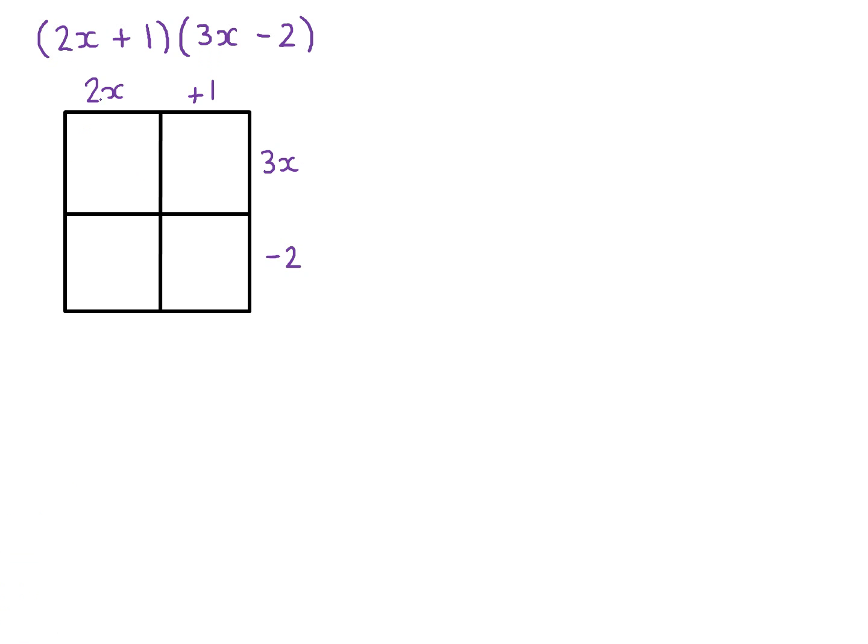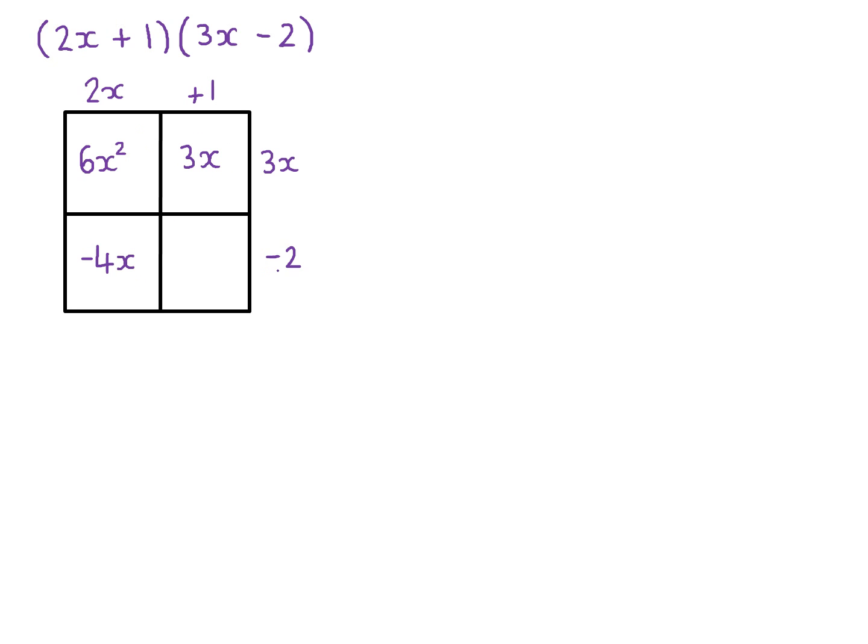Now we've got to be careful when we multiply these together, because 2 times 3 is 6, x times x is x squared, so we get 6x squared. 1 times 3x is going to be 3x. 2x times minus 2, well, 2 times 2 is 4, minus 2 times 2 is minus 4, and then we've got our x there.